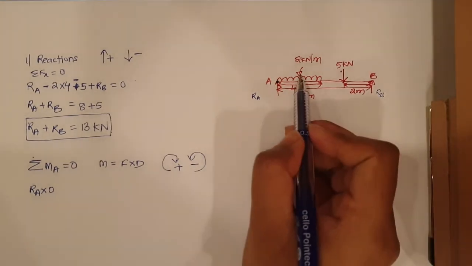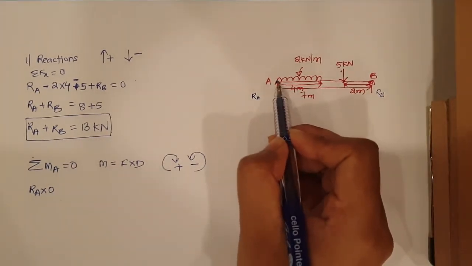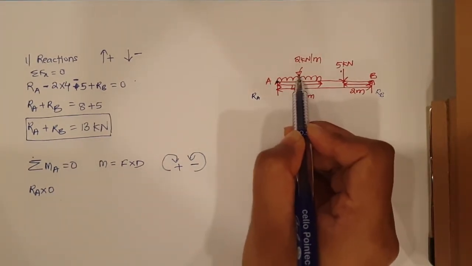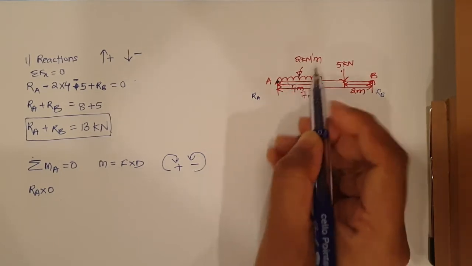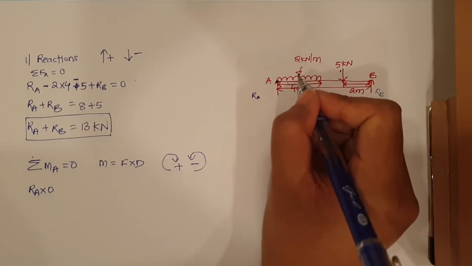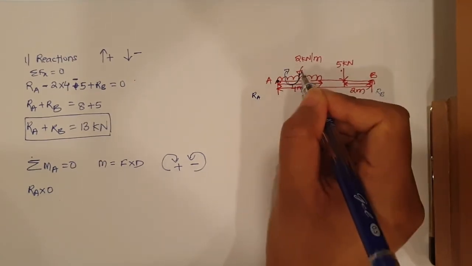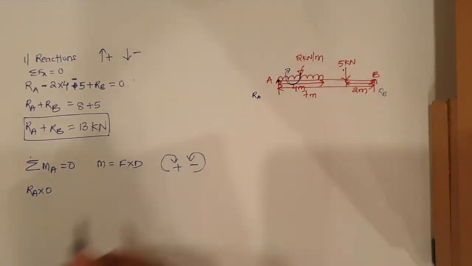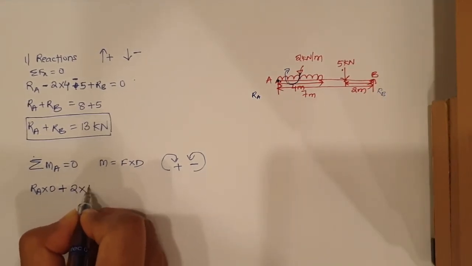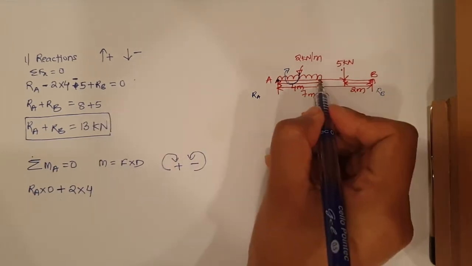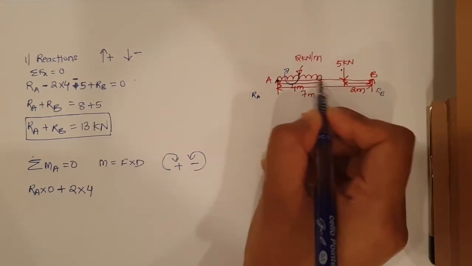Now we have the 2 kilonewton load, and A is my reference point. This load should go towards A. How will it go? It will go in this direction, which is clockwise, so plus 2 into 4. The total length of this UDL is 4.